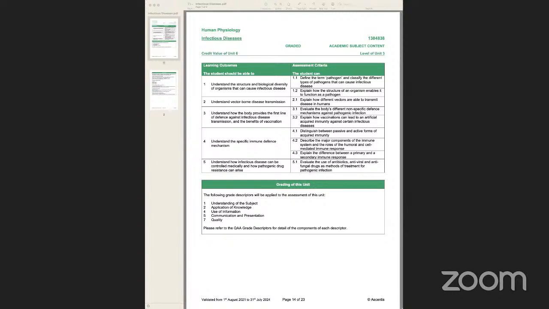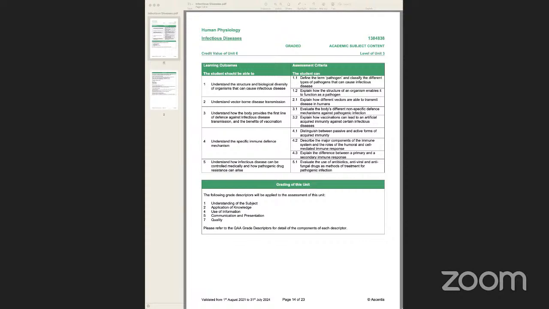We will be looking at understanding what it consists of, how it helps in defense against infections and diseases, and then we'll go into some of the assessment criteria, which look at differentiating between active and passive community immunity.